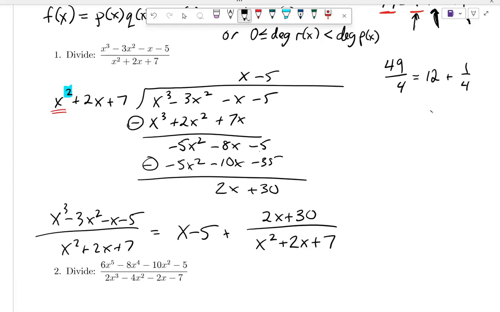We're going to do more of these, but what questions do you have on this one? Again, this part that goes in front, if you're leaving it as a fraction here, is your quotient, that part there. This is where your remainder is.